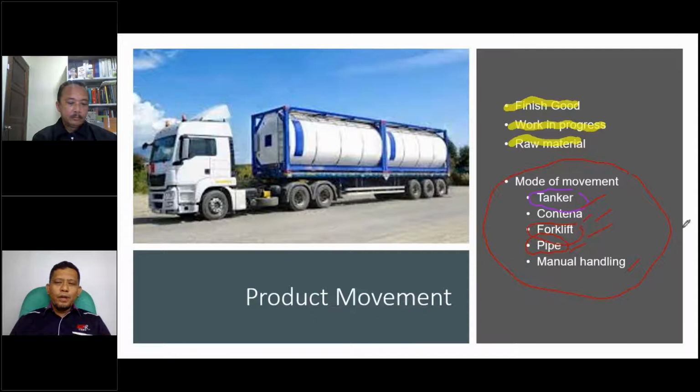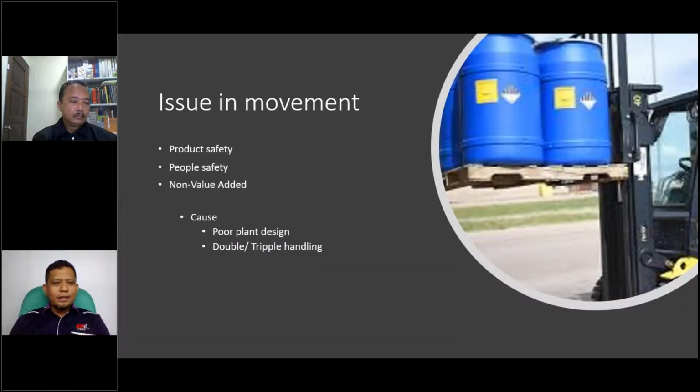Because if we want to eliminate or reduce this, we have to study this. Why do we have to eliminate or reduce this? Like I mentioned earlier, during the first webinar, it is first of all about safety.